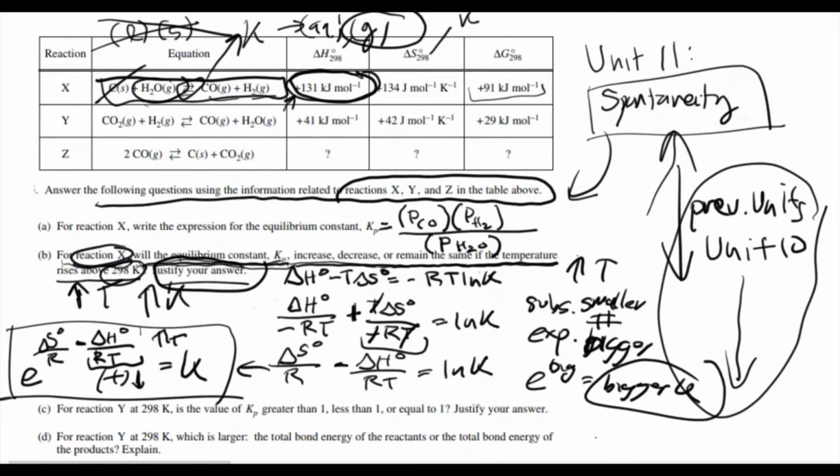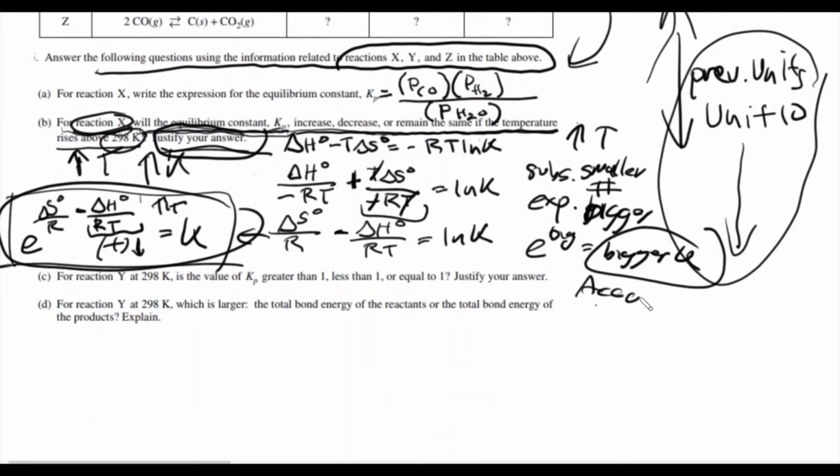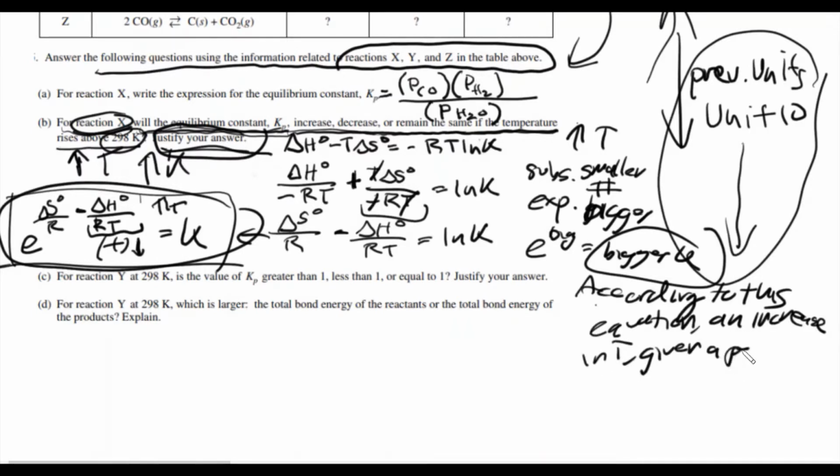So what you would write is you would derive this equation to justify your answer, and you would say, according to this equation, an increase in T given a positive delta H naught will result in an increase, in this case, in Kp.